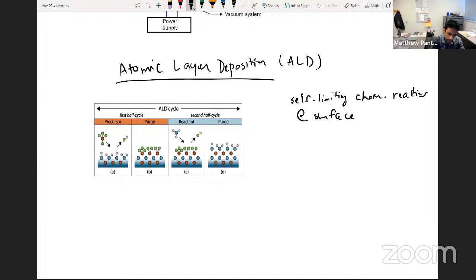So you can see that essentially you can flow one precursor in, it'll react with the surface. Then you can flow the second precursor in, and it'll react with that first layer that you made. And you can repeat this over and over and over again and build it up.